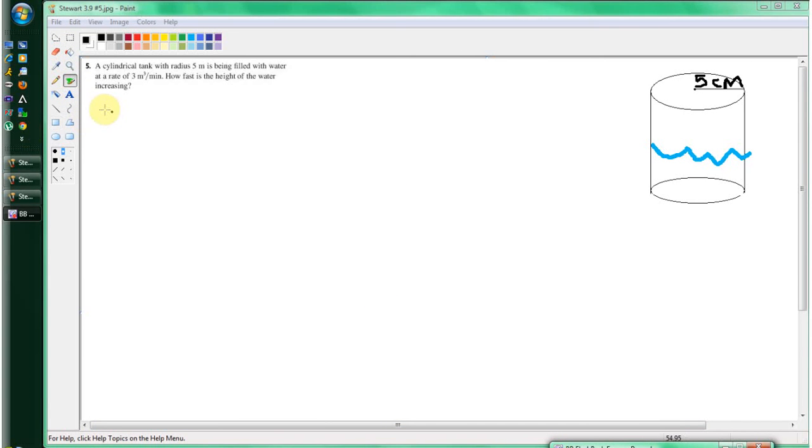So I've managed to draw a pretty okay picture. So here we can see that the radius is 5 and it's being filled with water. And we have to find out how fast the height of the water is increasing. So we can write down the givens now. Well, first we should write down the formula.